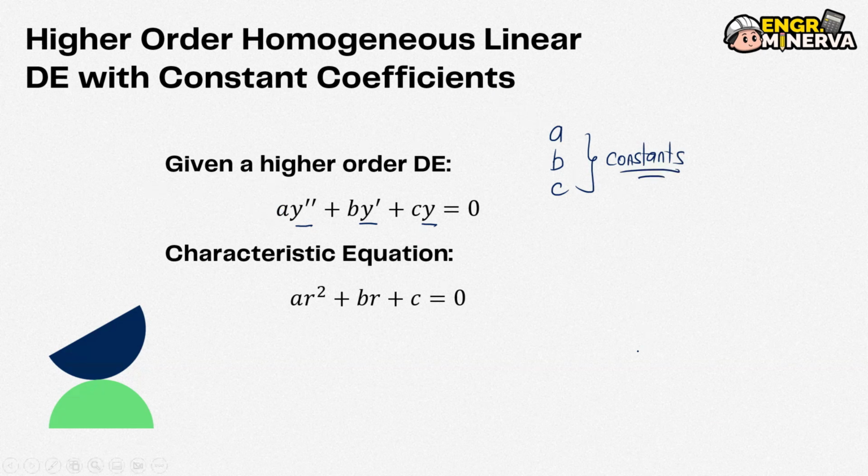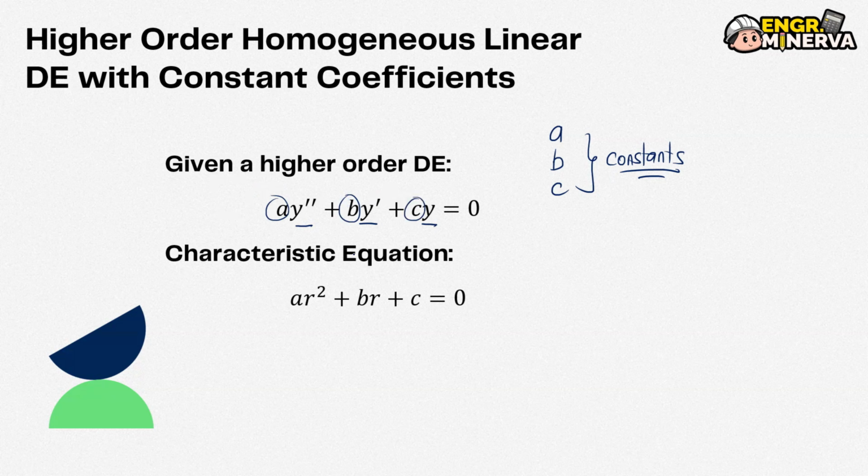As you can see, the differential equation is also linear because the dependent variable does not have those characteristics of a nonlinear DE. And it is also homogeneous because the degree of each coefficient, which is A, B, and C, are the same.